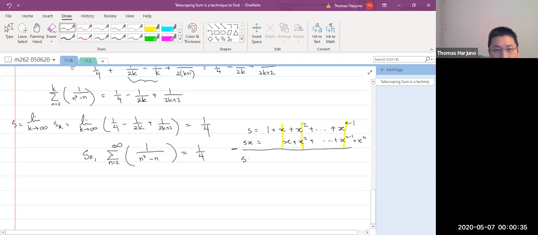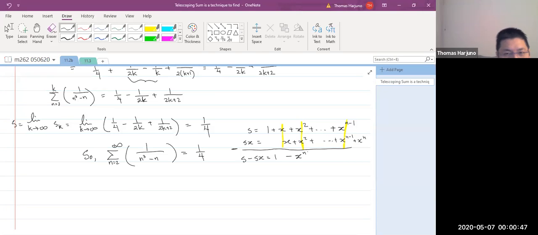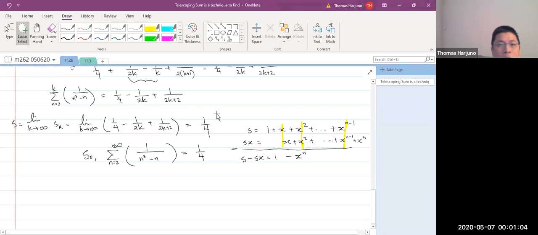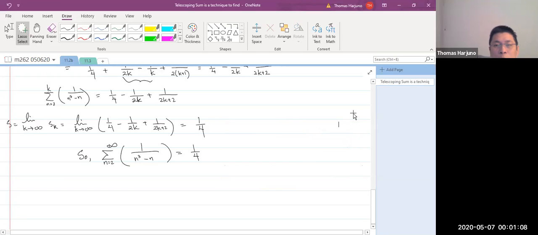So I get s minus s times x equals 1 minus x to the n. Now this method is already the telescoping sum idea. So I multiply s by some number such that the middle terms actually cancel. That's actually still telescoping. But this is the first time I actually show you another way to look at telescoping from the series point of view.